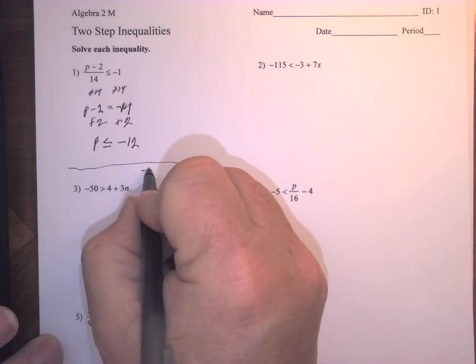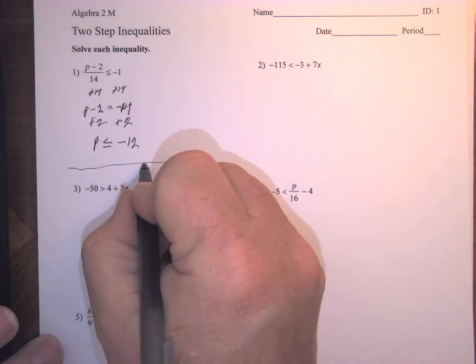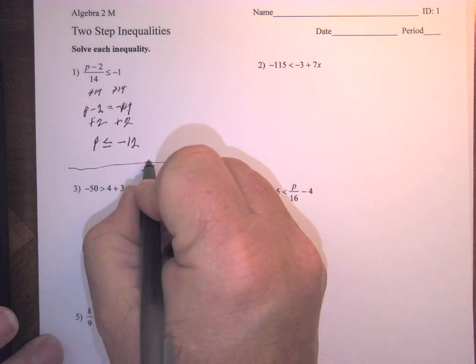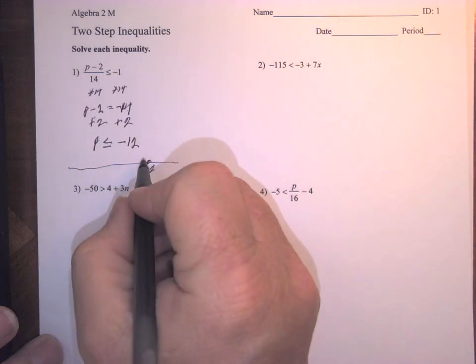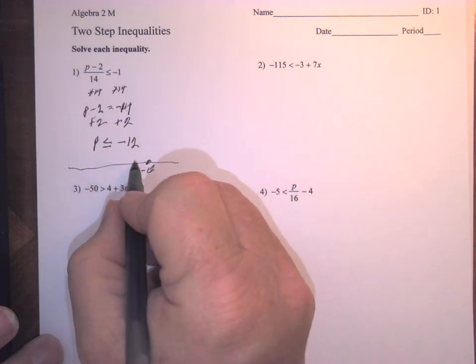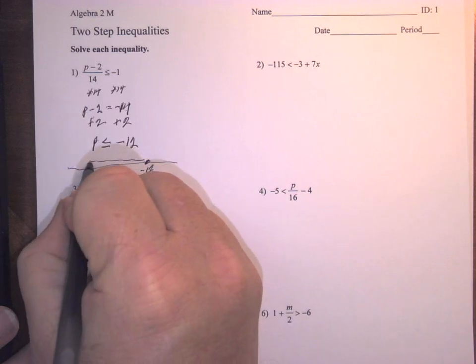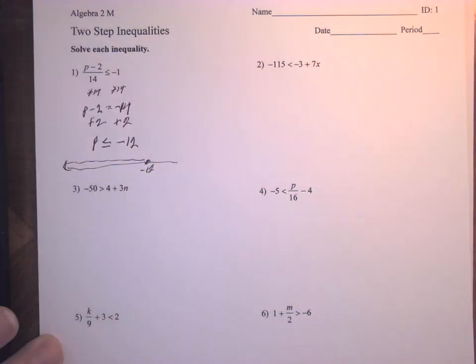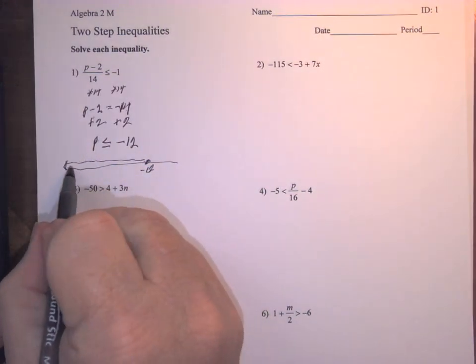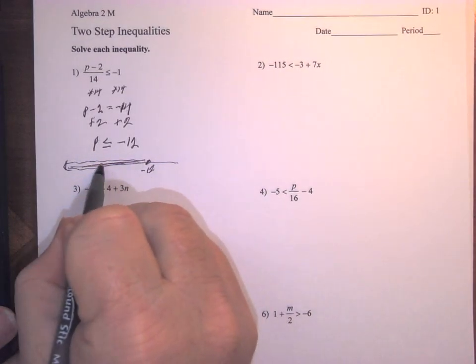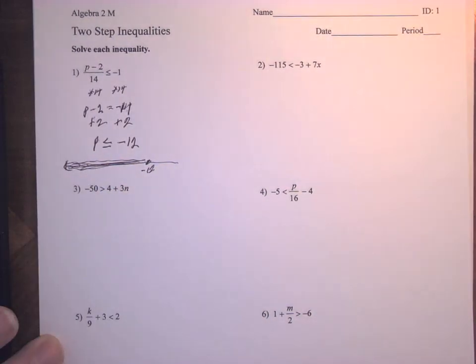Negative 12 would be at some point, and we would put a dot there, and p would be everything less than or equal to, and we would just draw our line back that way. But we did that on the one step, and quite honestly, I'm just leaving that part out as we go.